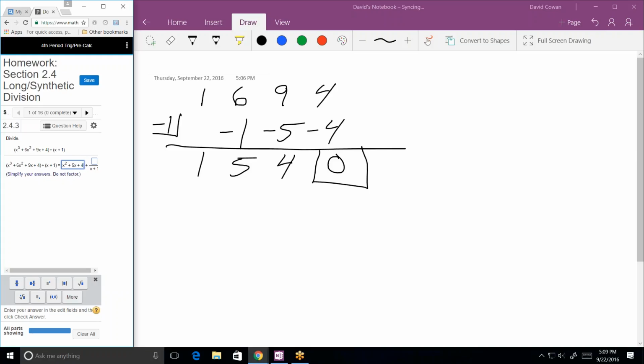With no remainder, I guess I should just leave that blank, huh? Or do we put the 0 in? I don't know. Let's try. I'm going to leave it blank because there is no remainder. That's one of the essences of the problem, determining whether you have a remainder or not. So they shouldn't require us to put a 0 in there. Let me try that.